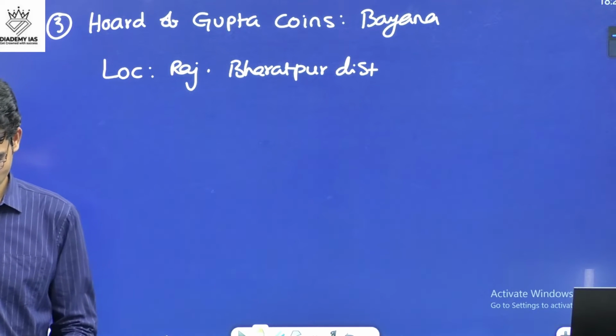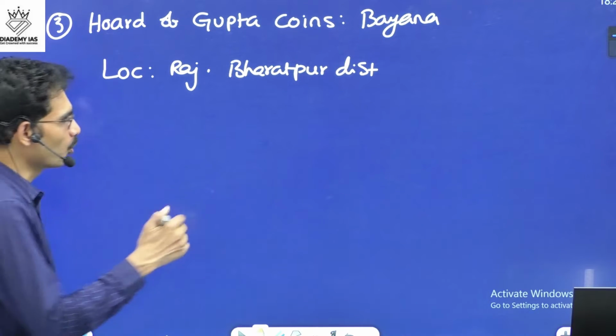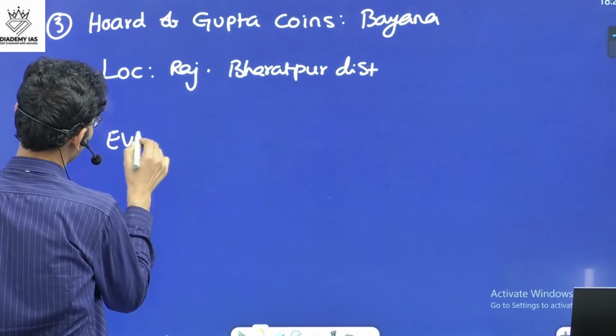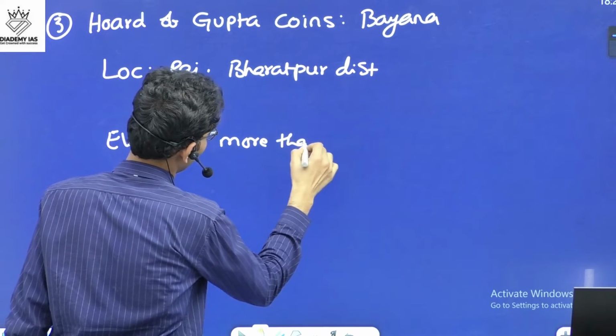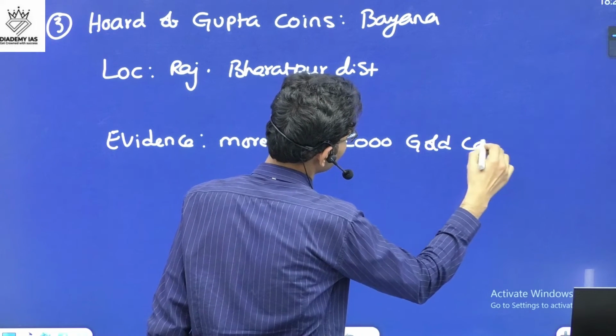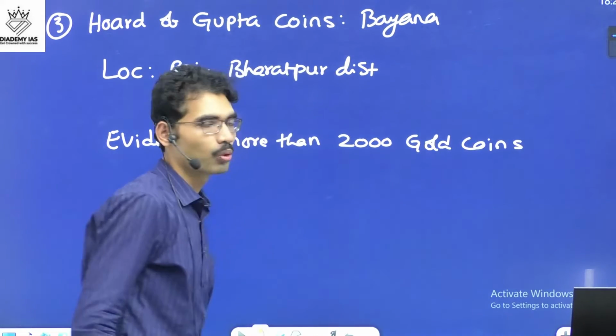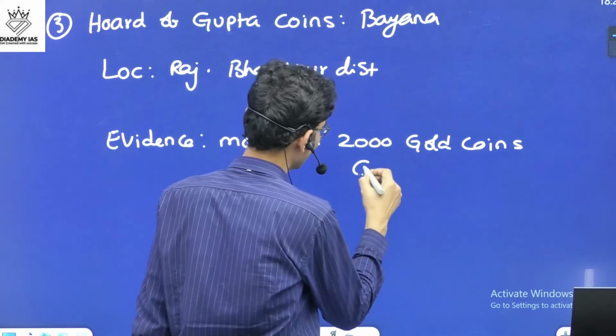What evidence did we get? More than 2,000 gold coins were discovered, and they belong to the Gupta period.